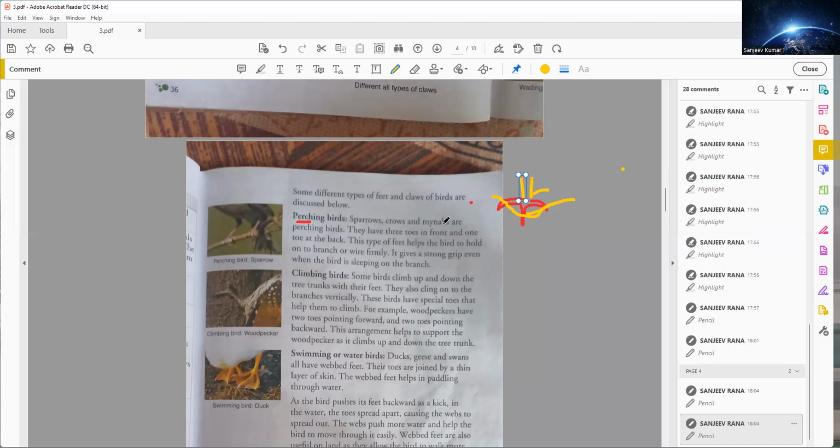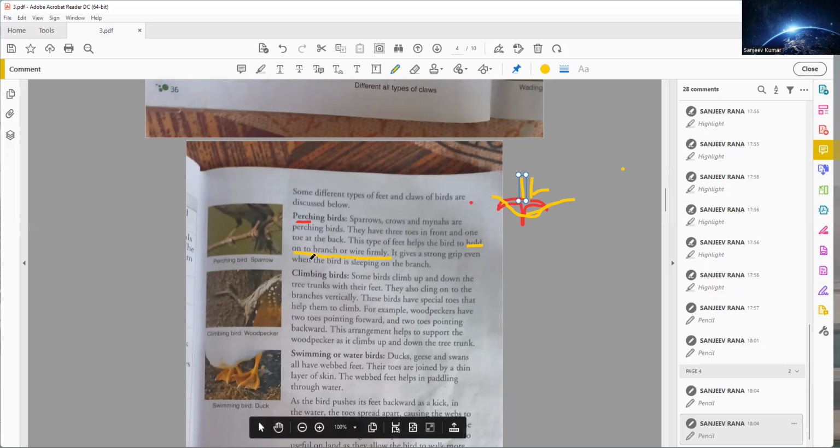Like sparrow, crows, mynas, they are simple. They eat small insects also. Then they sit on the stick. They are small birds, so they can easily grab and hold. What do we have to remember here? These types of birds hold onto the branch and wire firmly. It gives a strong grip even when the bird is sleeping on the branch. That is the perching birds.